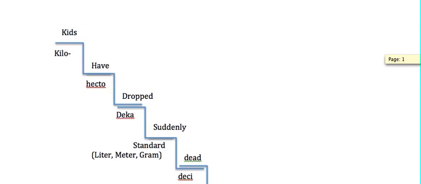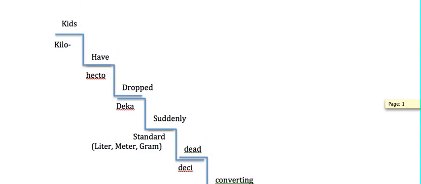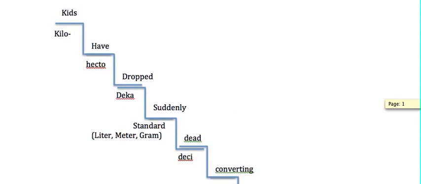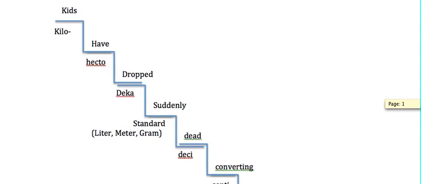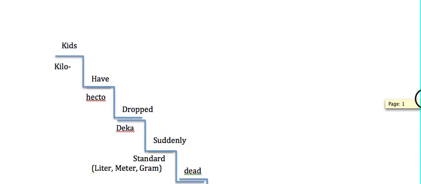So the mnemonic is "kids have dropped suddenly dead converting metrics," and that corresponds to your different metric prefixes of kilo, hecto, deca, your standard, which is once again your liter, meter, or gram, deci, centi, and then milli.